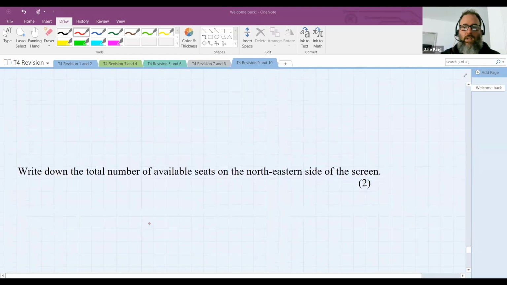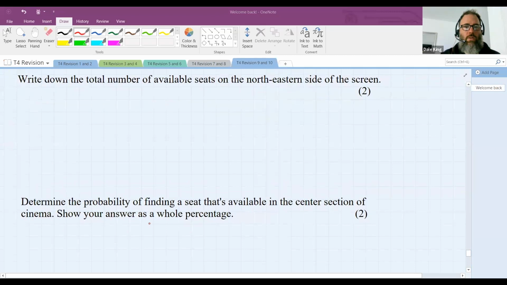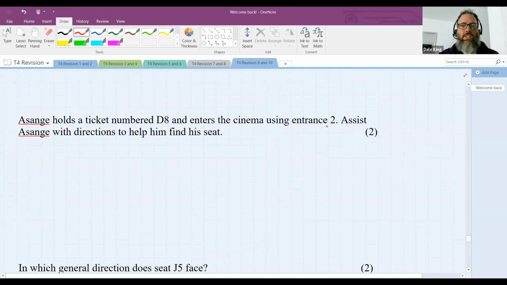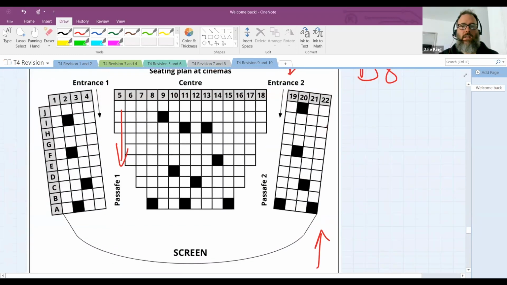We're going to go to the last two. Here we go. It says, write down the total number of available seats on the northeastern side of the screen. Okay, so they're obviously talking about this block here.